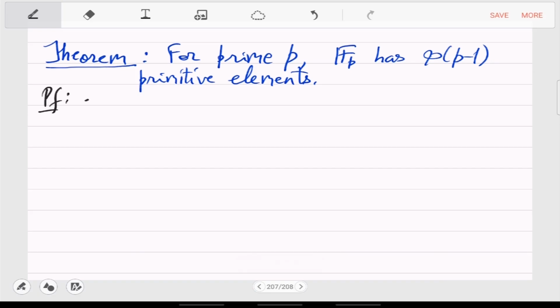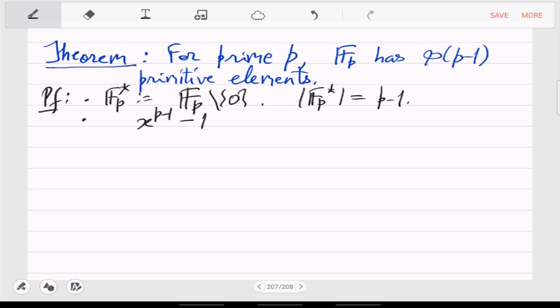So, Fp star, remember, is simply Z mod p, or well, we use the finite field, Fp minus 0. And its size is p minus 1. So if you look at the equation x to the p minus 1 equal to 1, how many elements are roots of this polynomial?